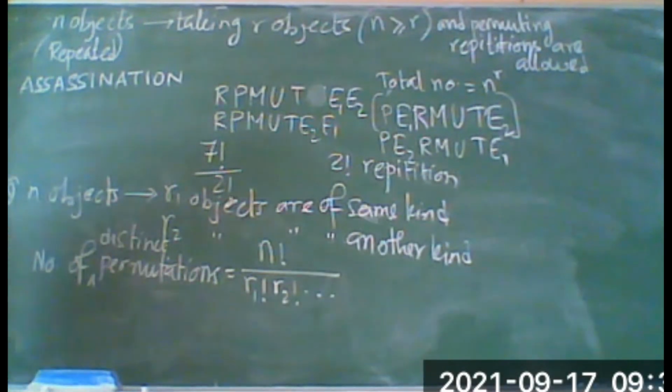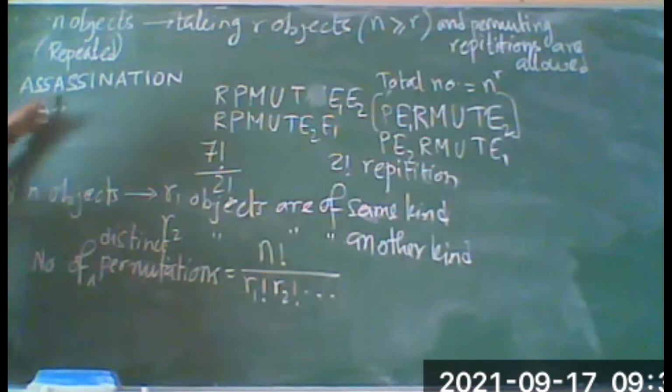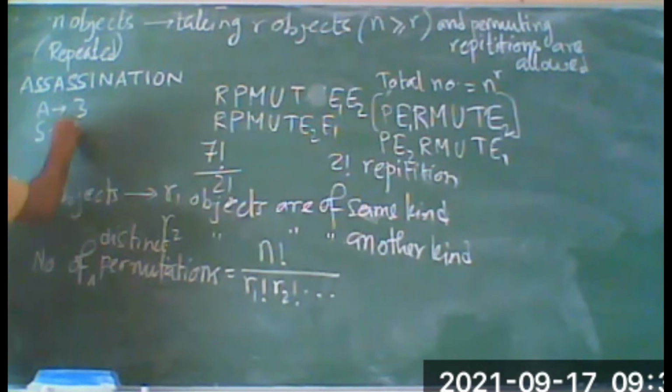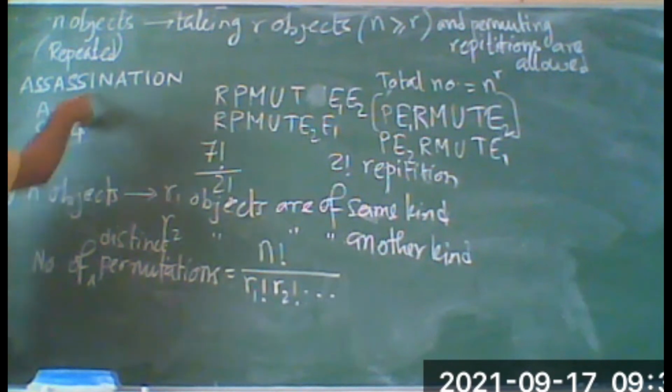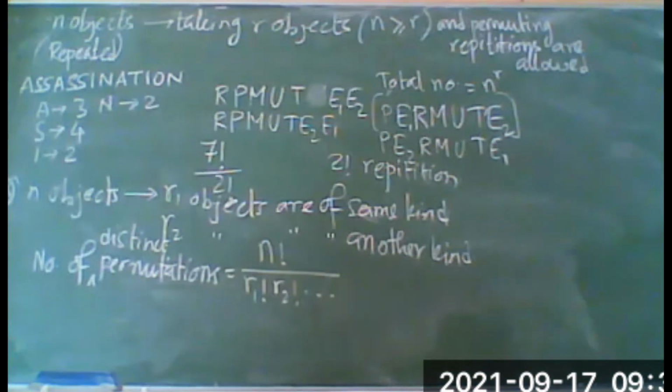What is the frequency of these letters? A, how many times? 1, 2, 3. S, how many times? 1, 2, 3, 4. Then I is 2 times. Then N is 2 times. And see, there is no more repetition.